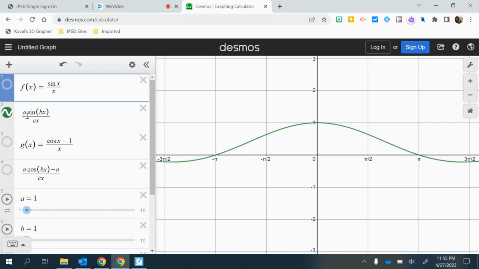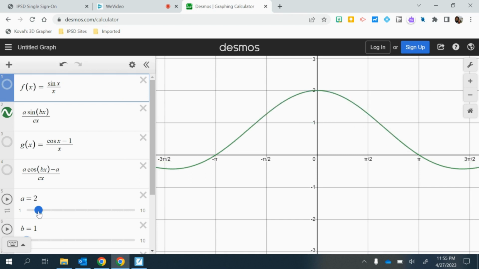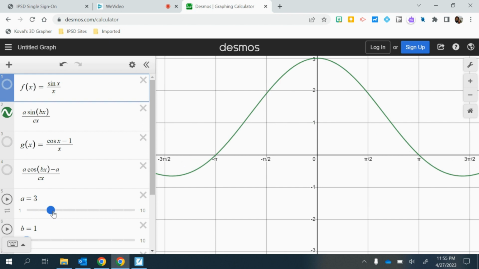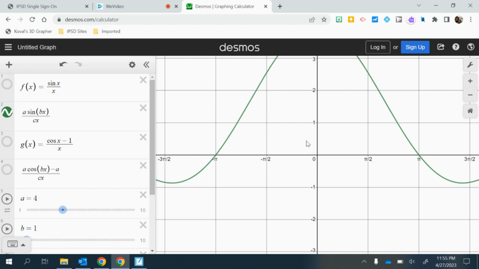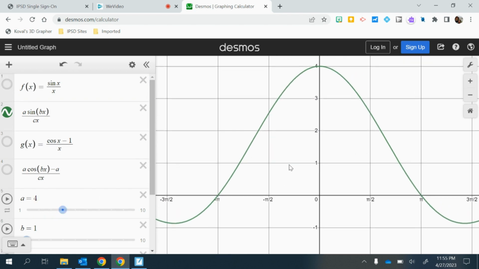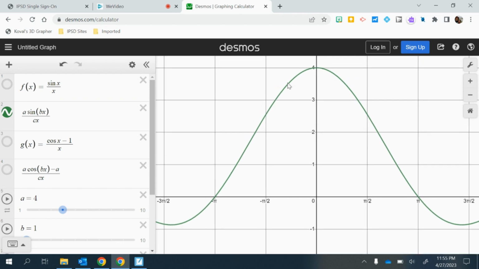Now, let's say I'm multiplying by certain things. So I have a times sine of bx over cx. What happens if I change this through multiplication? If I multiply by 2 or 3 or 4 in the numerator, that would just change what's happening.